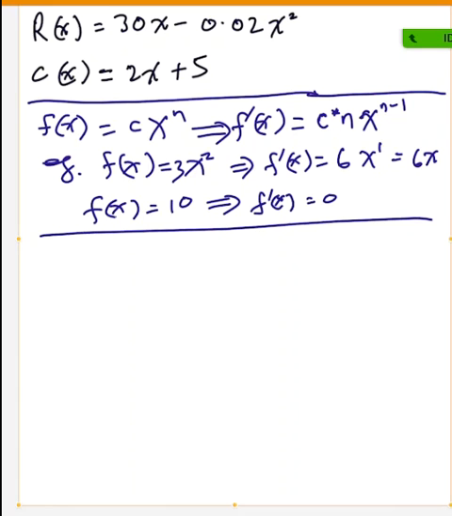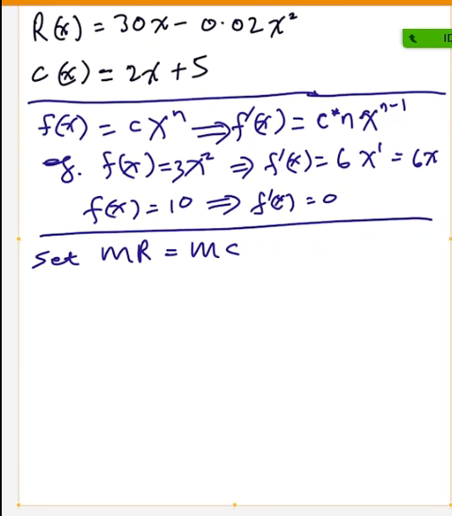So how do we solve a problem here? You set the marginal revenue equal to marginal cost and solve for x. Remember, in the revenue function, x is simply the number of units the company was able to sell. In the cost function, x is simply the number of units that the company was able to produce.